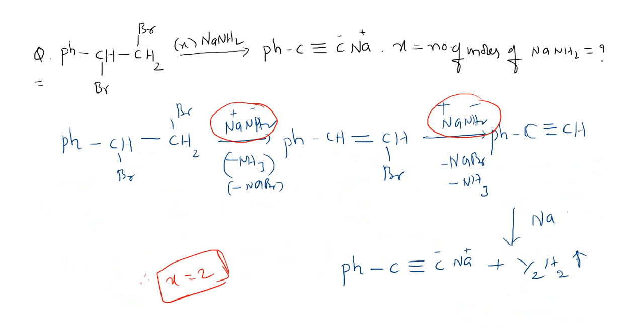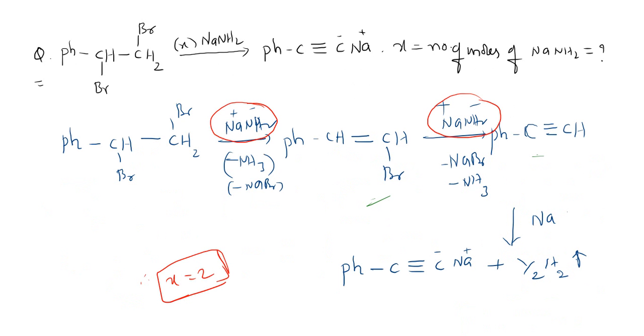So we will remove the bromine and hydrogen on the adjacent carbons, and we will get this double bonded compound. After that, if NaNH2 operates again over this, one more bond will be formed between the carbons. So it forms a phenylacetylene compound.